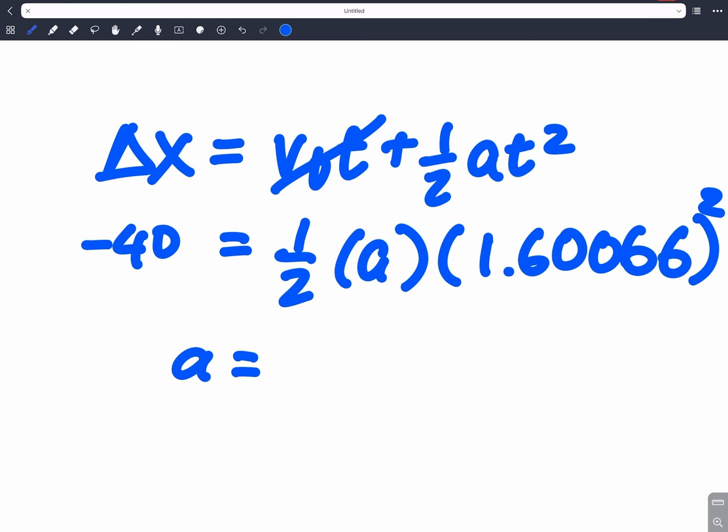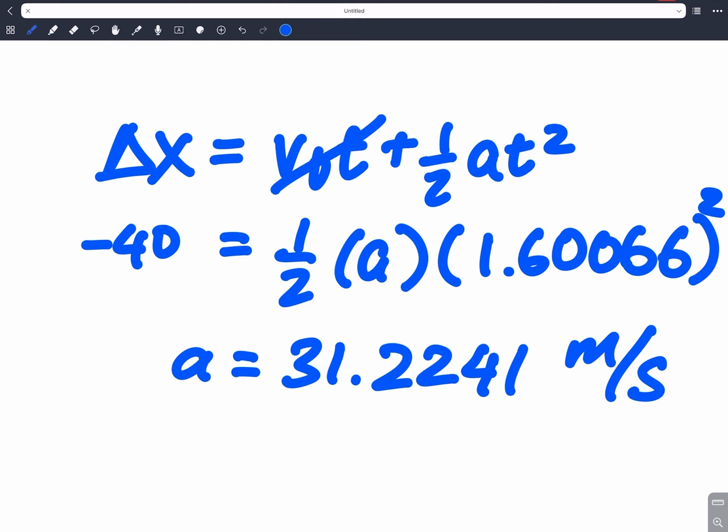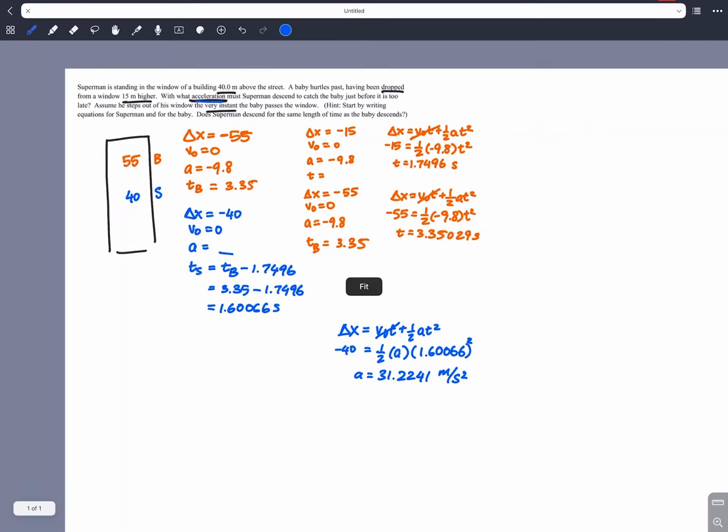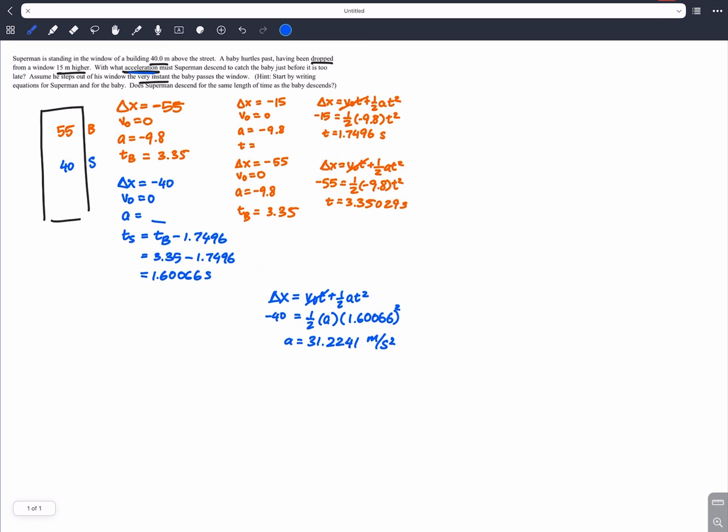Which gives us acceleration as 31.2241 meters per second squared. So, in order for Superman to catch the baby, Superman is going to have to accelerate at 31.2241 meters per second squared. This is your final answer.